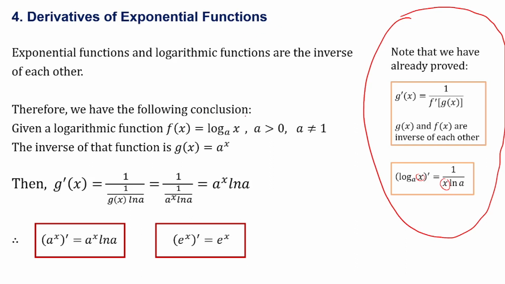Therefore, we have the following conclusion. Given a logarithmic function, f(x) equals log base a of x, of course a is greater than 0 and a is not 1, right? The inverse of that function is, for example, denoted by g(x) equals a to the power of x. f(x) and g(x) are inverse of each other here, right?